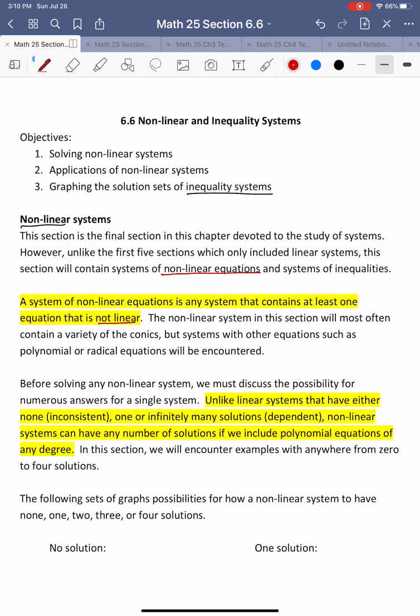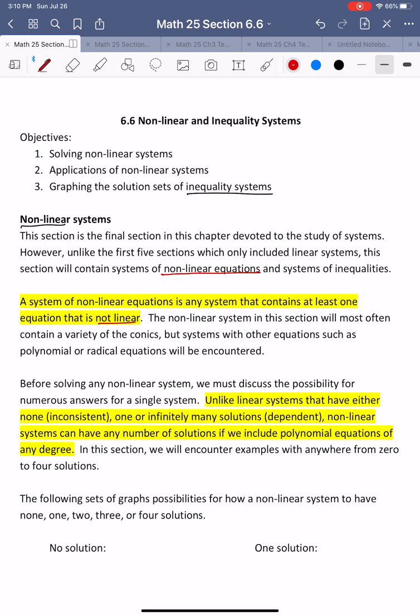The nonlinear systems in this section will most often contain a variety of conics, but systems with other equations such as polynomial or radical equations will be encountered. Before solving any nonlinear system, we must discuss the possibility of numerous answers for a single system.